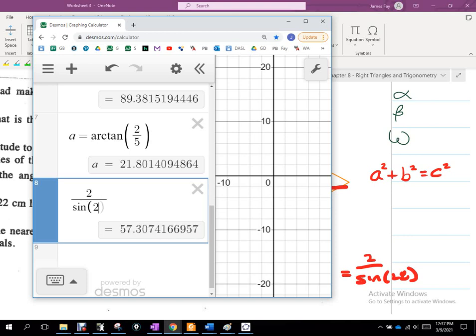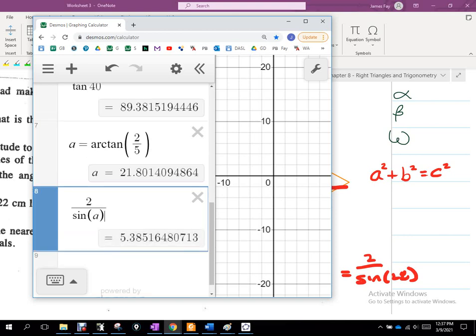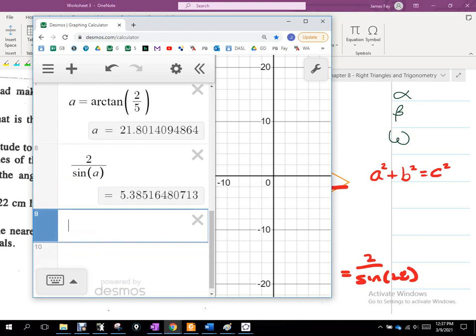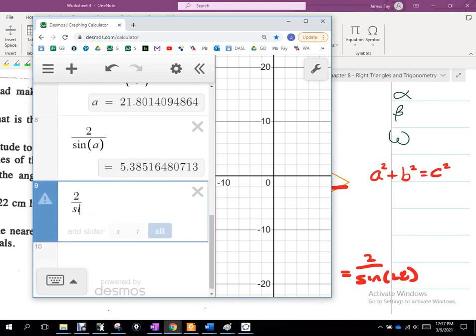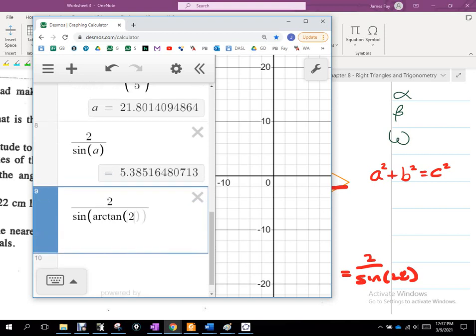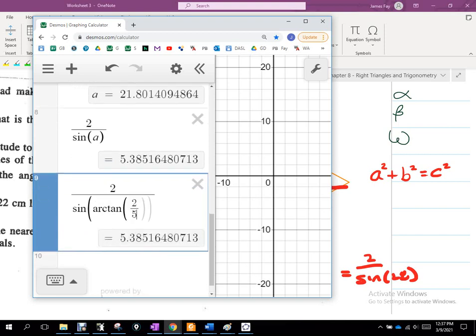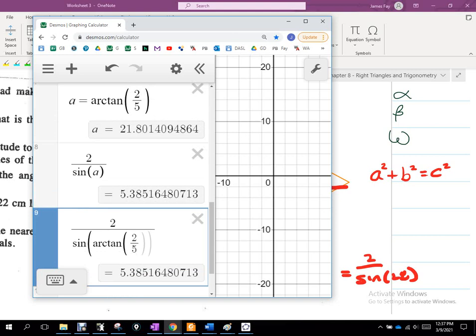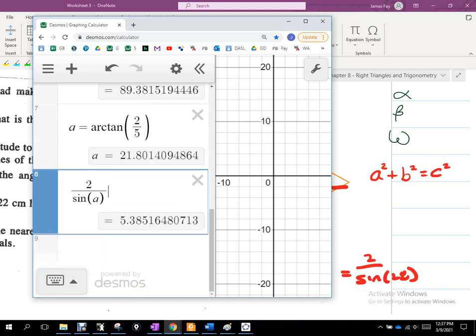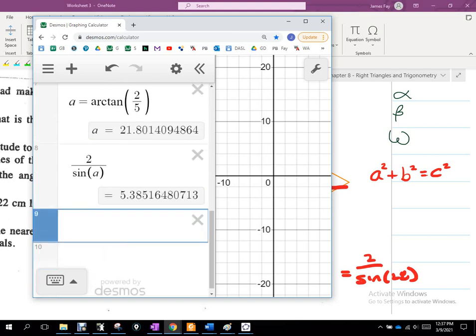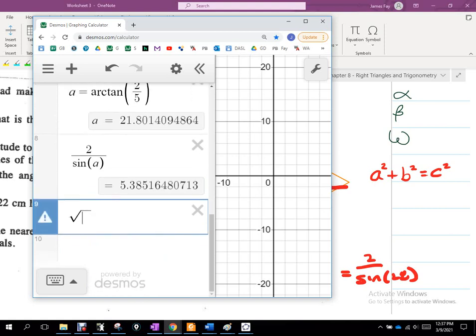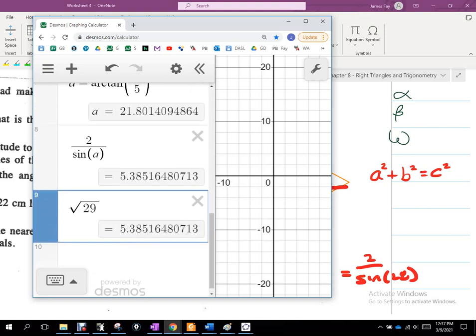Now, if I put A down here, and it plugs in this exact value, which would really be typing in 2 divided by sine of arctangent of 2/5, which we can do, that's just a lot messier looking, right? But because of Pythagoras, we could actually say that's the same thing as square root of 29. That makes sense there? You see these two values are the same, right?